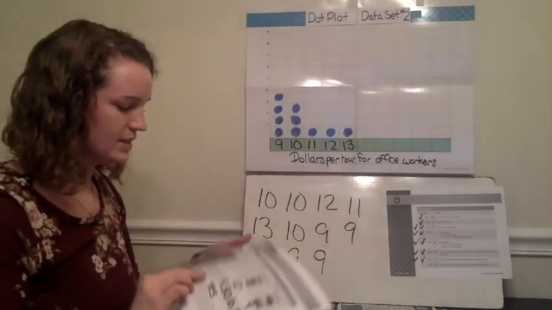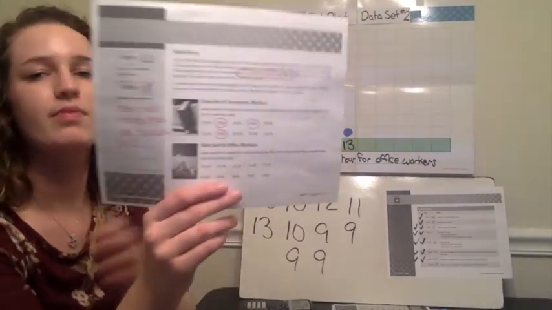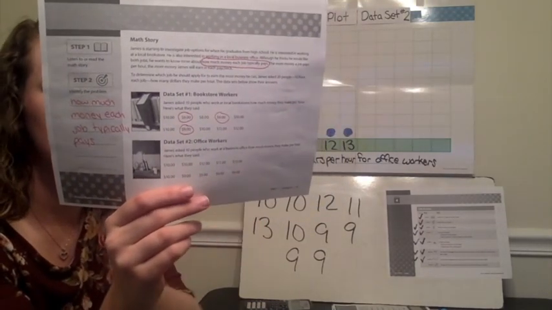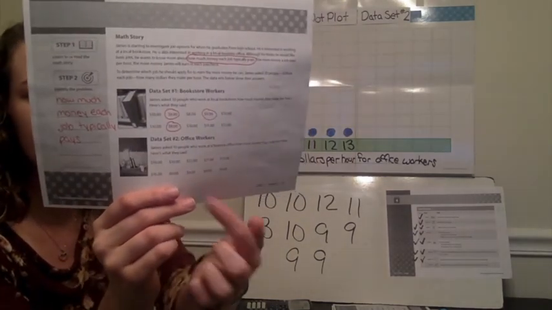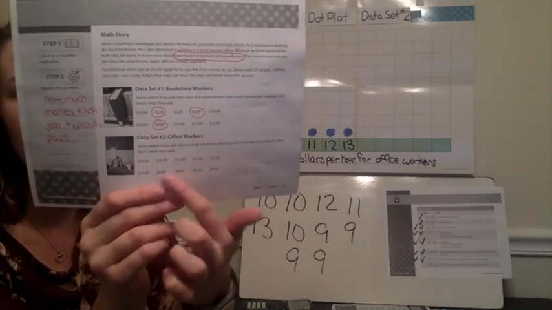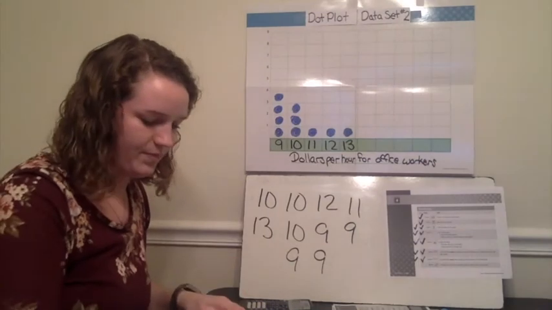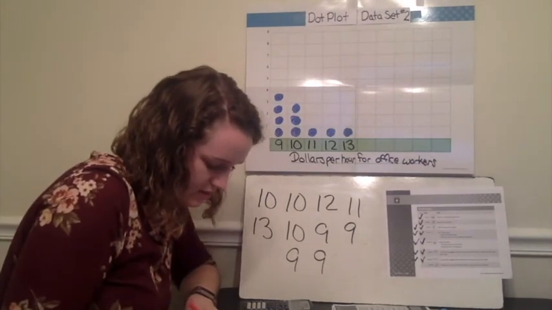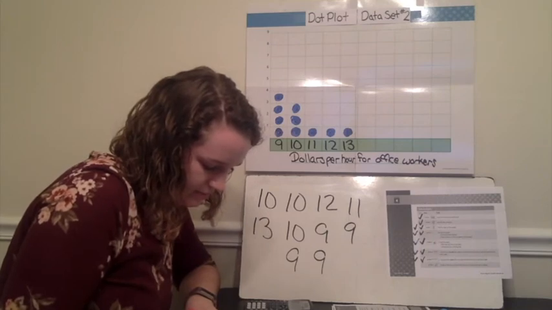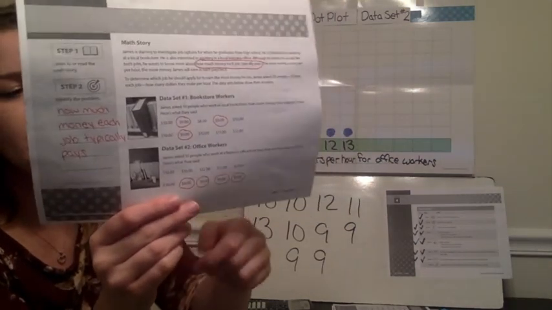Okay, now we're going to look at data set 2. On here, look at data set 2. Do they pay anybody $9 an hour? Do you find anywhere where it says $9? Let's look. I'm going to circle mine where it says $9. Right here.